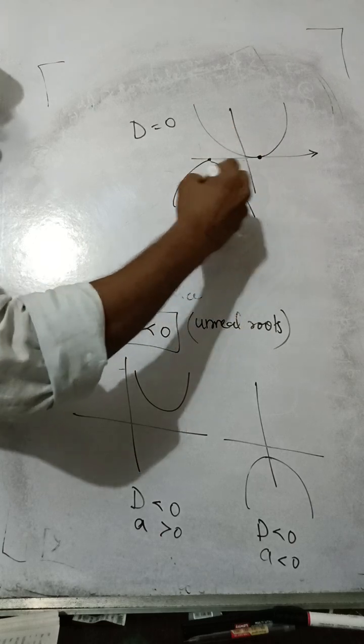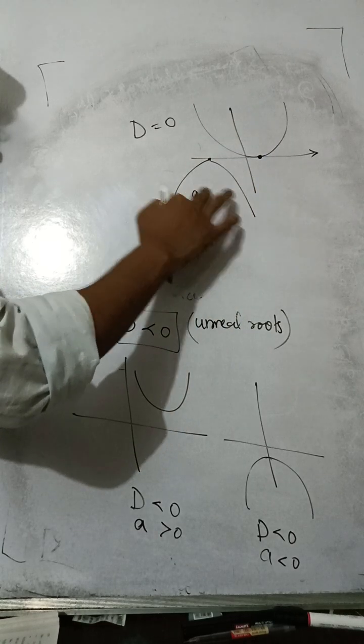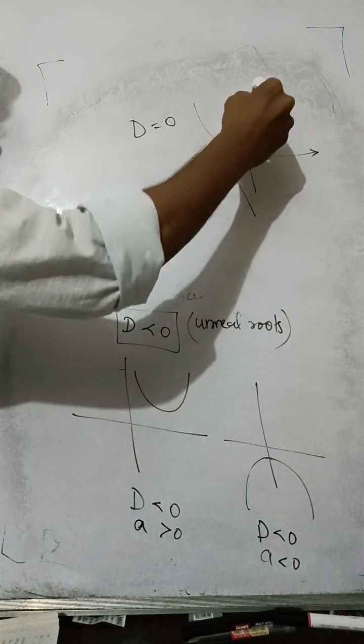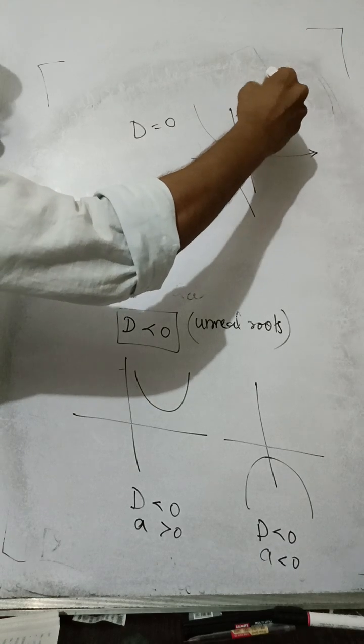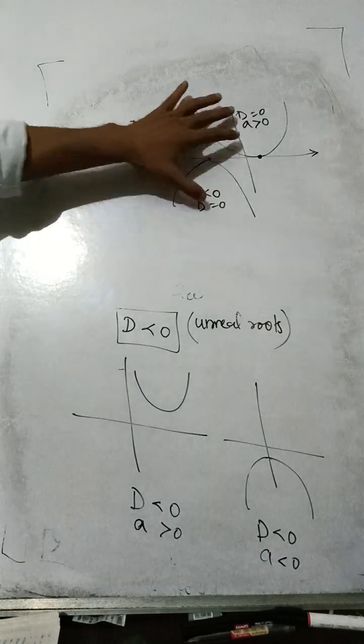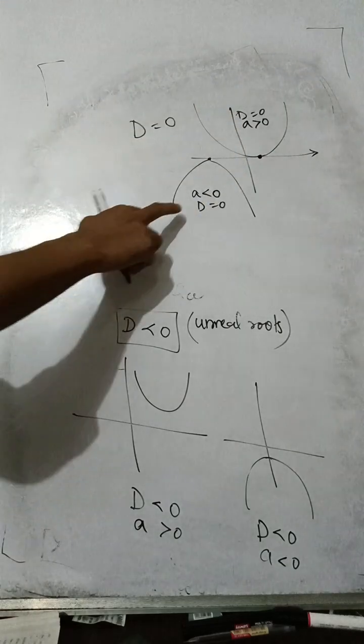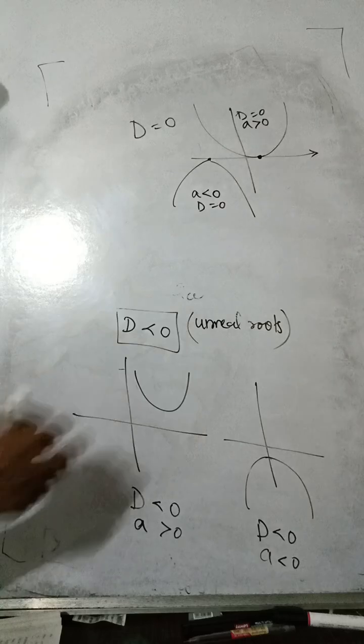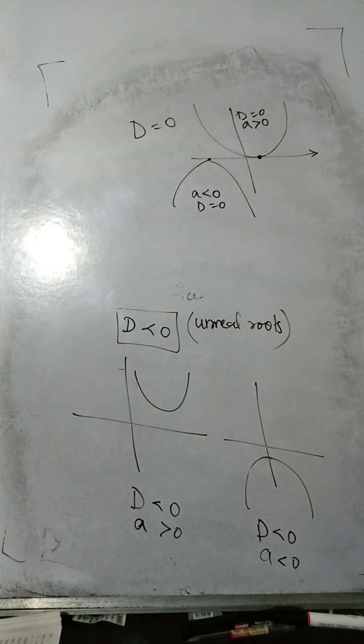This is also doable, but here a is negative. Here a is positive, D is 0, and here a is negative, D is also 0. In both these cases, D's are 0, but in this case a is negative, and in this case a is positive. Whenever you see a smiling curve, a is positive. Whenever you see a sad curve, a is negative. We already know this, I guess.